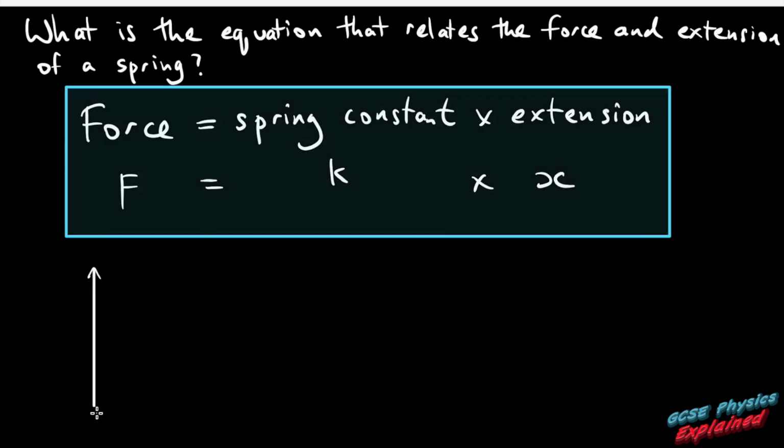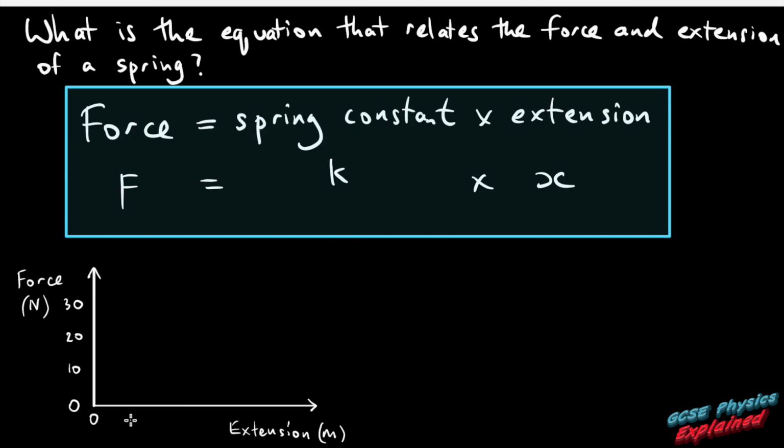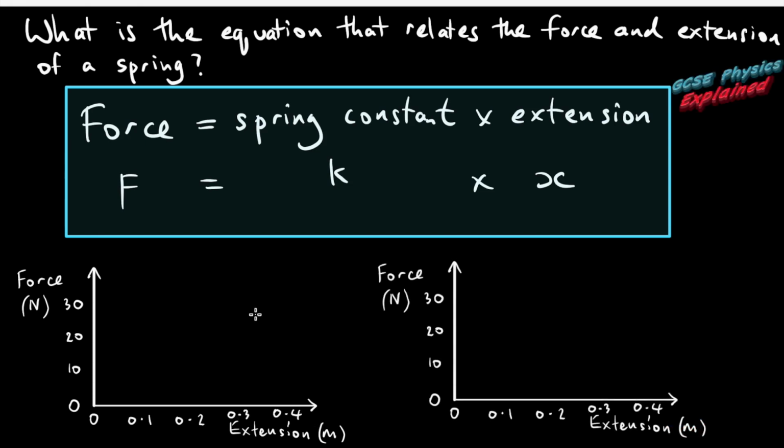Now you might get asked to calculate the spring constant from a force extension graph. So if we look at a stiff spring, what that basically means is you need a big force and it's only going to produce a small extension. So the line will be steep like that.